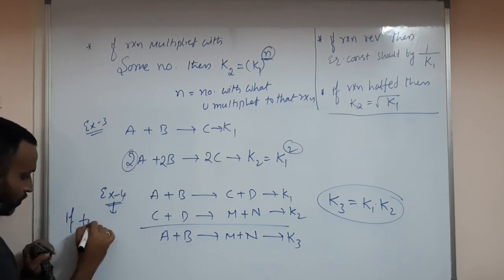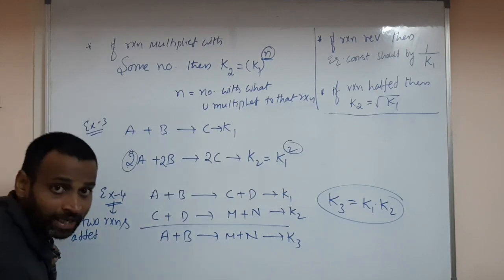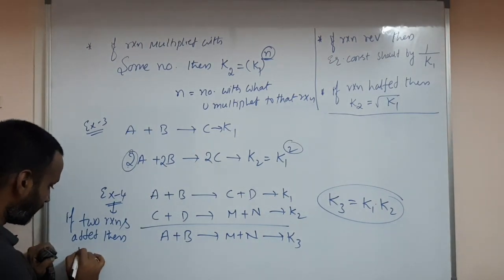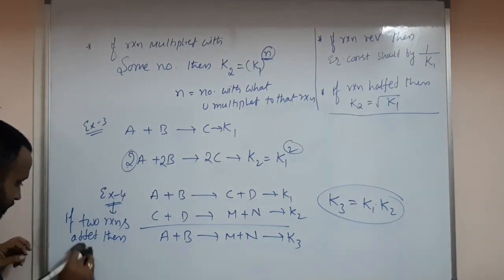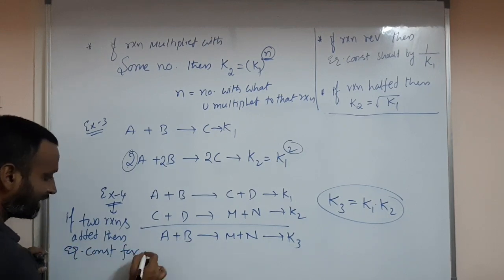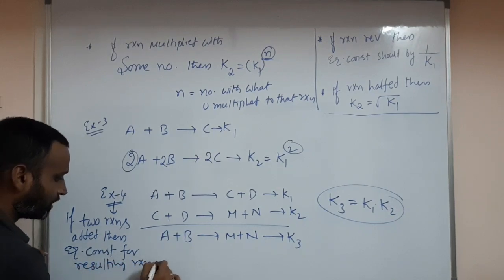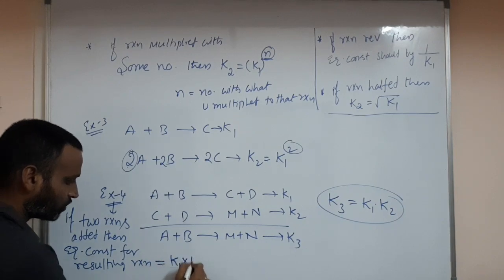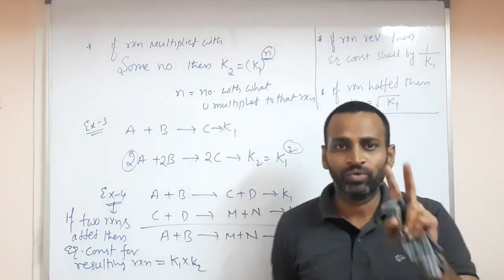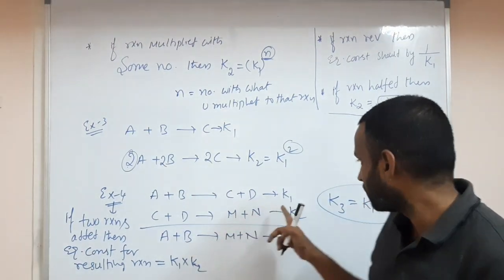So for this example 4, if two reactions are added, then what must be K3, the equilibrium constant for the resulting reaction? K1 into K2. I told you very clearly, if two reactions are added, then you have to take the multiplication of the equilibrium constants.